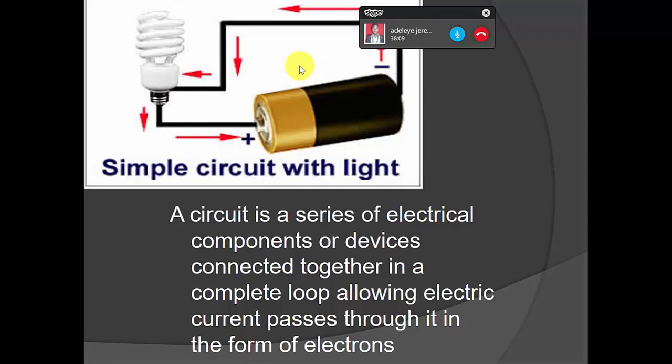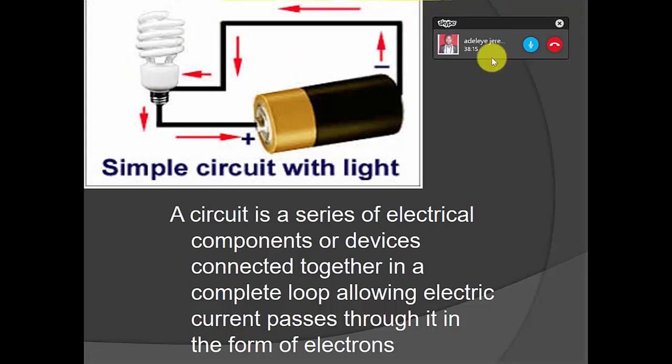Now let's start. What is a circuit? A circuit is a series of electrical components or devices connected together with the purpose of passing current or electrons through a medium.